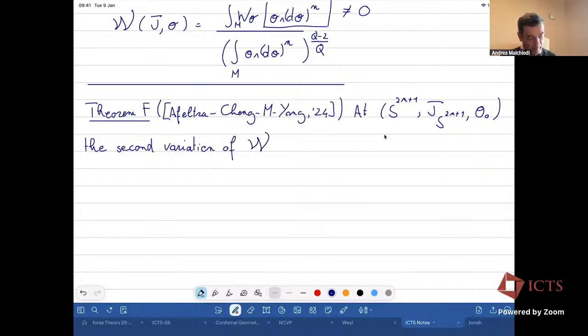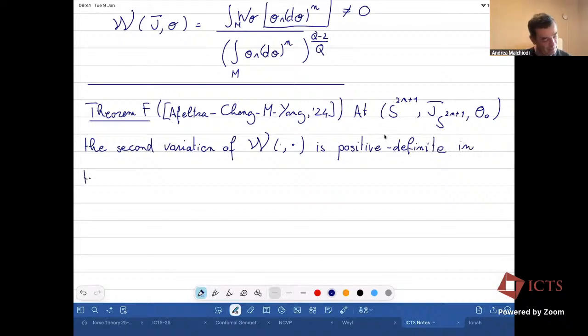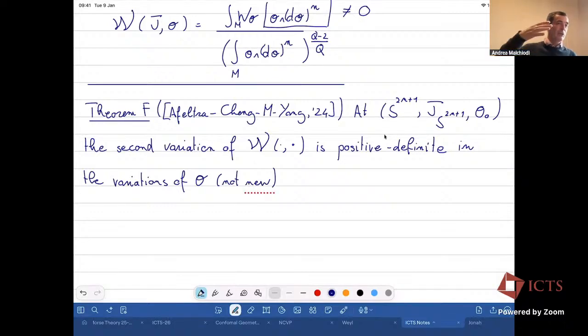The second variation of this CR Einstein-Hilbert action is positive definite in the variations of theta, in the conformal directions. This was not really new, no big surprise. Then there is a difference when you vary J, which is like a change in the conformal structure.